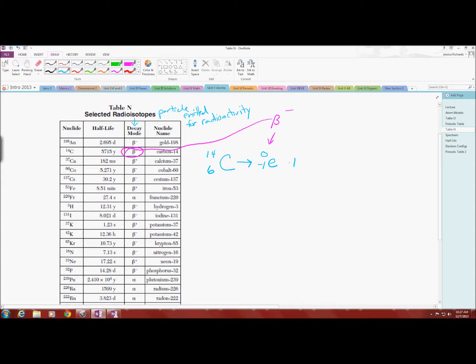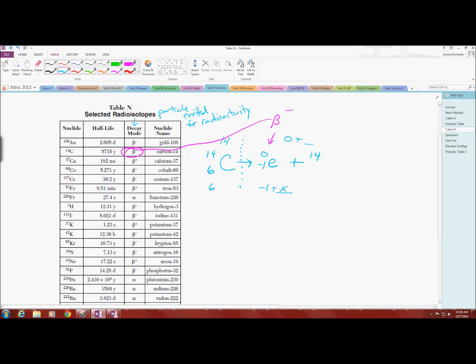I can figure out what the carbon's going to turn into. This top number is 14. On the left-hand side of the arrow, so this is kind of like balancing equations, I have 14 for that top number. On the right side of the arrow, I have 0 plus blank. So the top number over here must be 14 as well. On the bottom, I have 6. On the right-hand side, I have negative 1 plus blank.